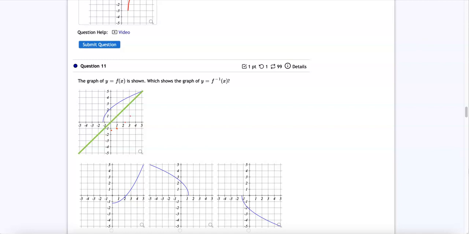And so you start to see the shape of what the inverse is supposed to look like all the way until it touches over here. And now you can see that what I've just drawn here in red is a mirror image of the original function. So that is going to be the correct inverse. And of course, then, once you know what it's supposed to look like, finding the right answer is quite simple.